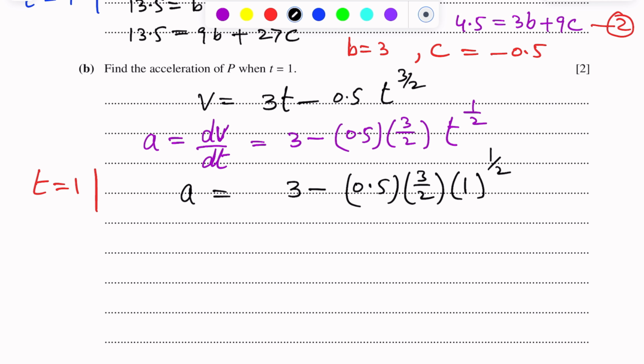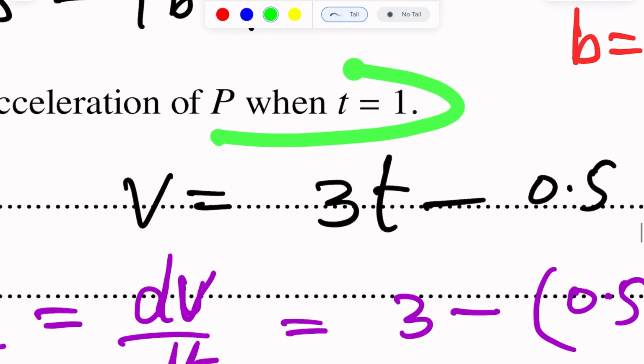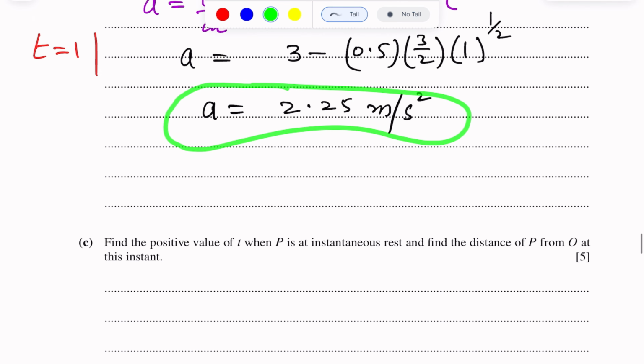So after calculation, we get the acceleration is 2.25 meter per second square. This is the answer. This is the acceleration of the particle p when t is equal to 1.